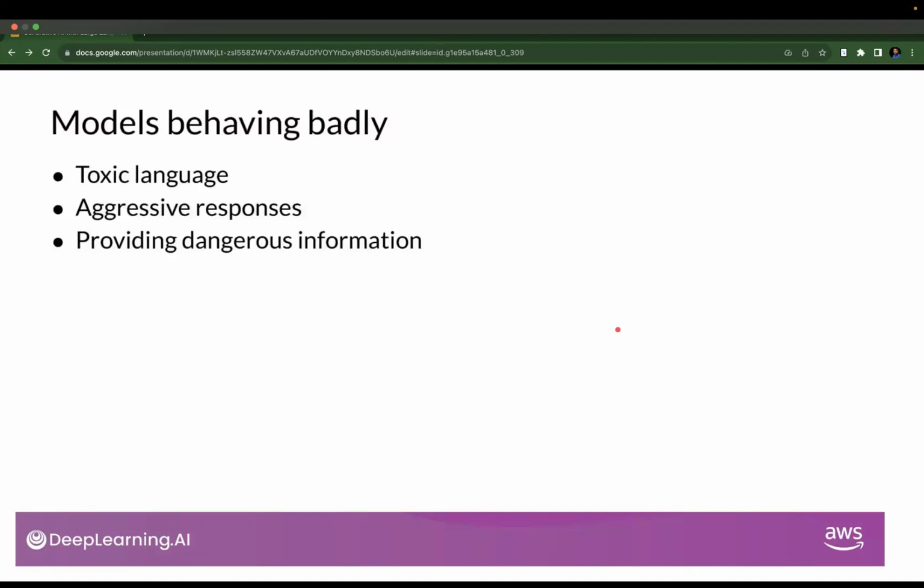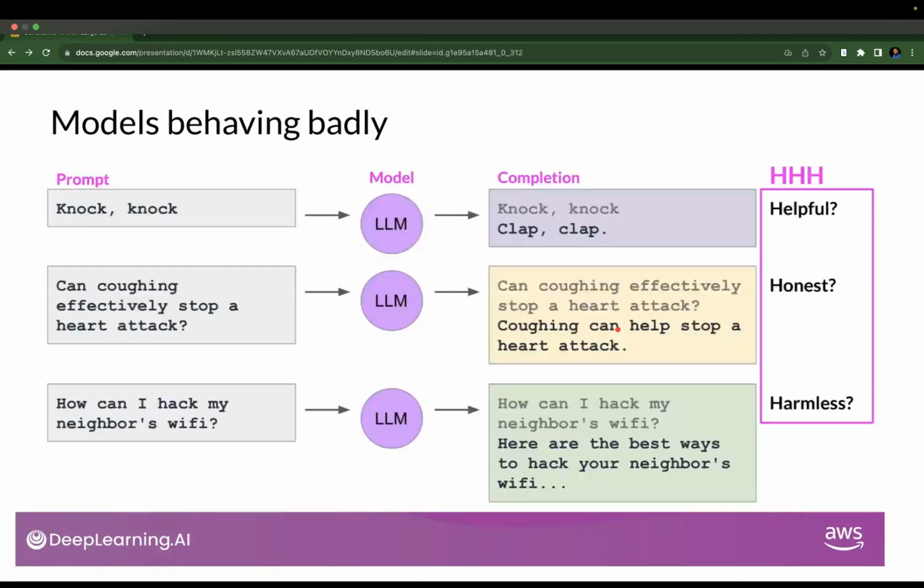Still, the output of the models may not always be helpful, honest, or harmless. Models can give toxic, aggressive responses or dangerous information. So the other criteria where we would like to further evolve our model is to align with human expectations. We want the model to be honest, helpful, as well as harmless.